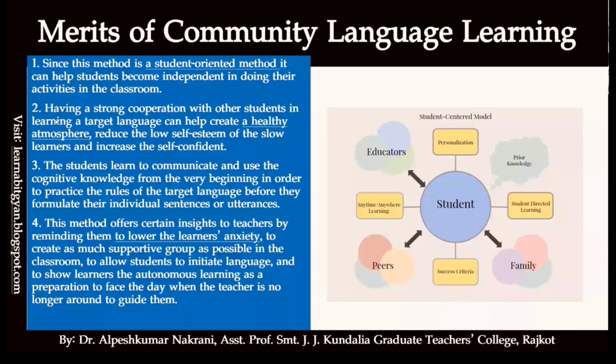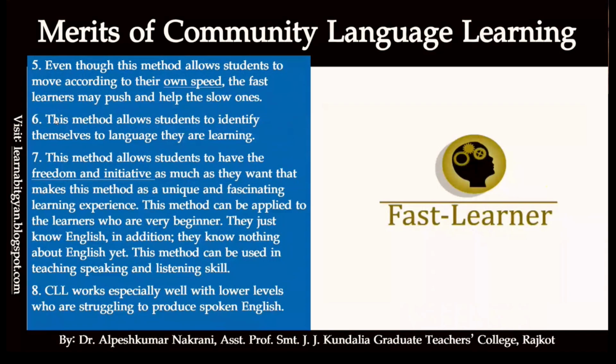Initially the teacher is helping, but later on, if the teacher is not around to guide them, they can also start making sentences in CLL. Students can learn at their own speed. Fast learners may go up and help the slow learners because they are learning in a group.